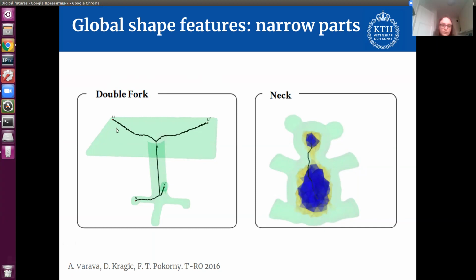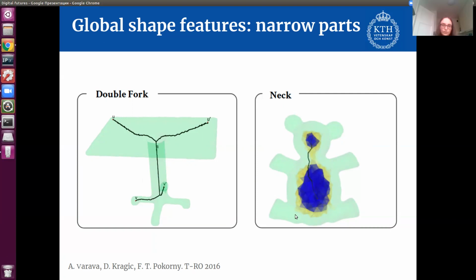Intuitively, in the case of a double fork, you have a skeleton of an object, and then you extract a part of the skeleton that represents two big branches, here on the top and here on the bottom, and a path that connects these branches. Then this representation is sufficient for various kinds of manipulation. In the case of a neck, it's quite a similar structure. You can think of it as two spheres that are connected by a path.